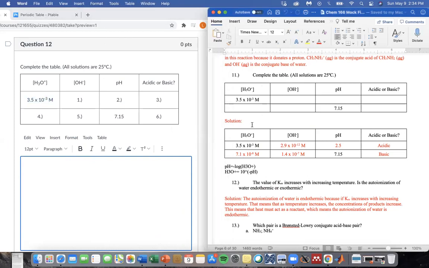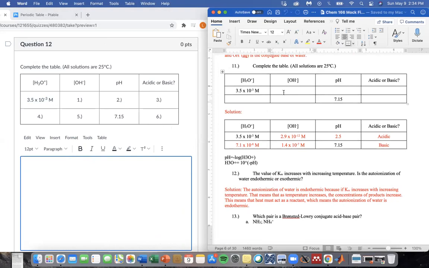For the first one, to find the pH, if you remember, pH equals negative log of H3O plus. So you just do negative log of this value and you should get 2.5.